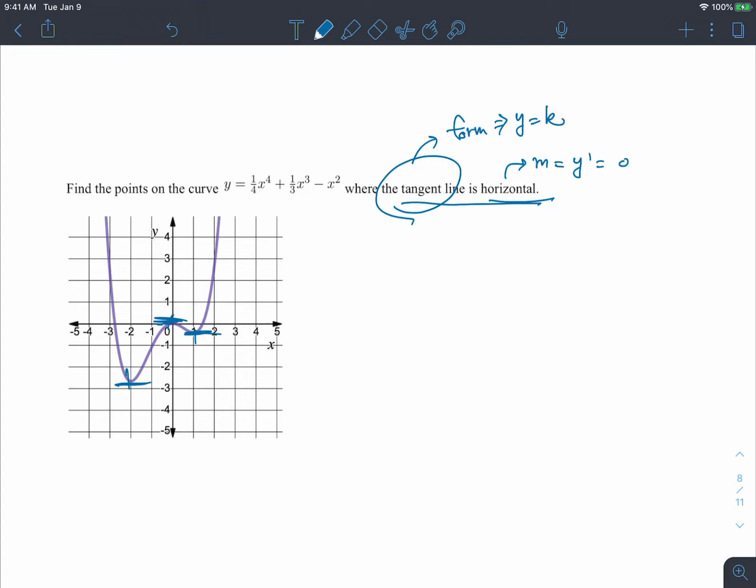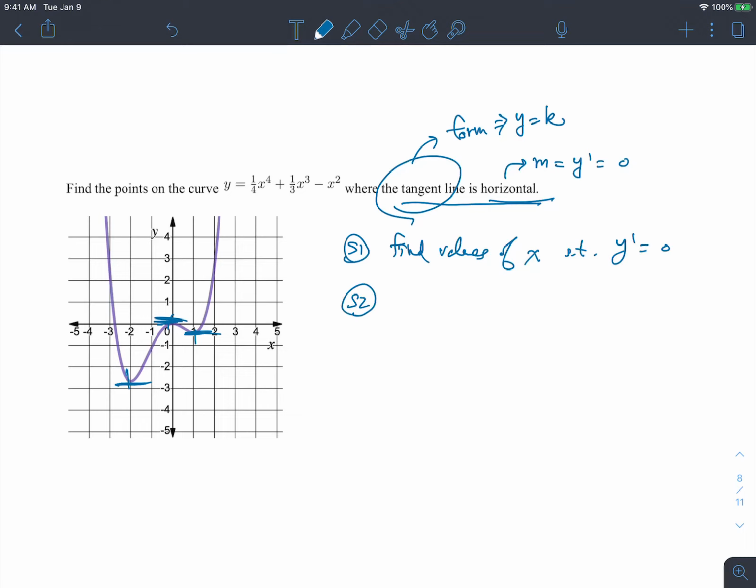But how do you find that? Well, if we know the x value at which this happens, we can just plug in the values over here, right? So the first step for you to do is find values of x such that y prime is equal to 0.